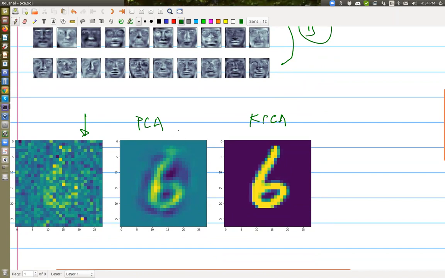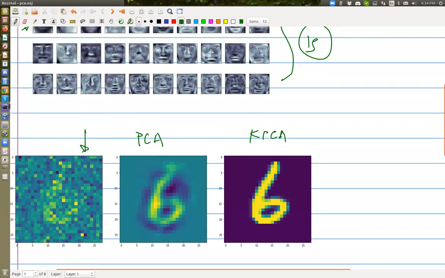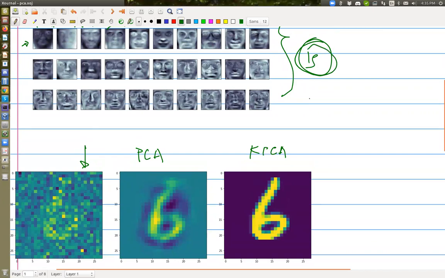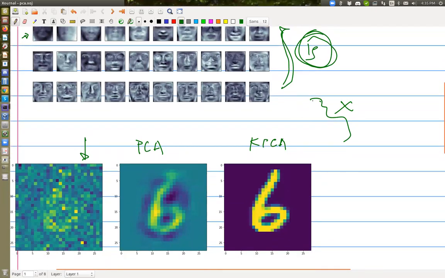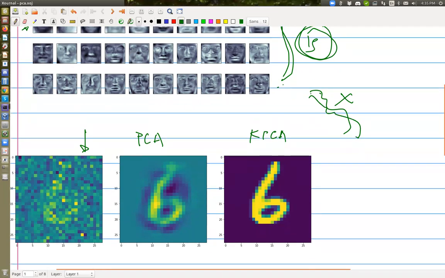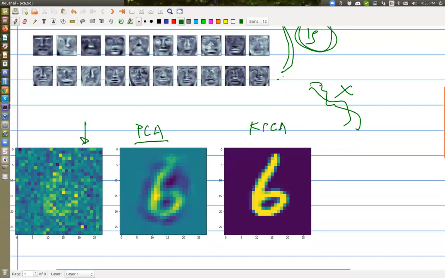Think of it as only the first 15 components being important, and the rest not important, so I simply ignore them. Then I reconstruct the original image using just these 15 components. I get a denoising effect because I take the important components and ignore the other components that most likely are noise. This gives some denoising like this one here, but I can do much better denoising if I first project to high dimensional space.